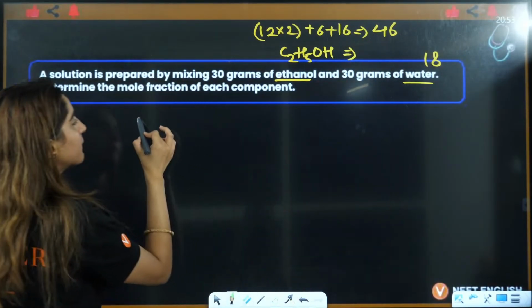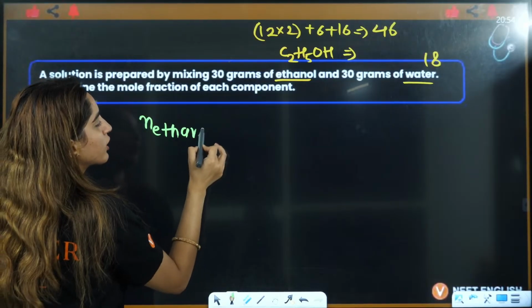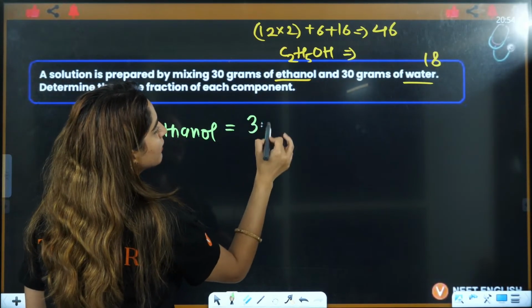Now, number of moles of ethanol is going to be 30 by 46.